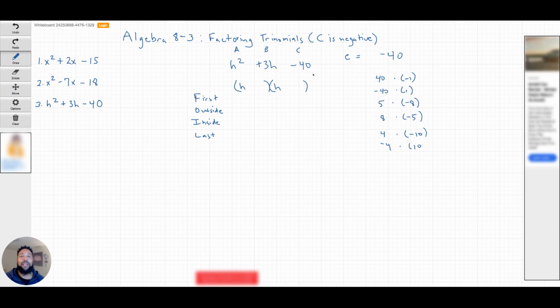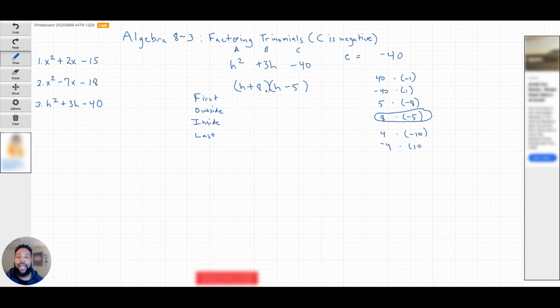So which of these numbers, when I multiply them, I get minus 40, but when I add the two numbers, I get plus 3? 8 and a minus 5. So we have h plus 8 and h minus 5.